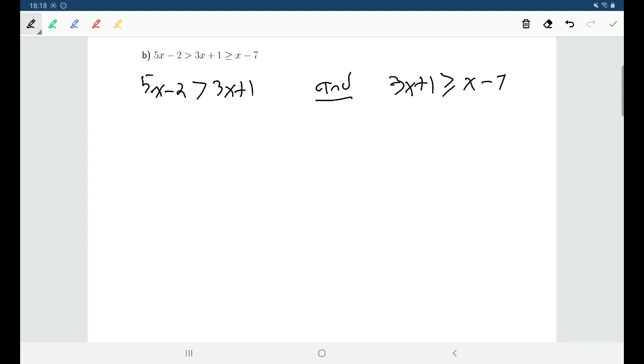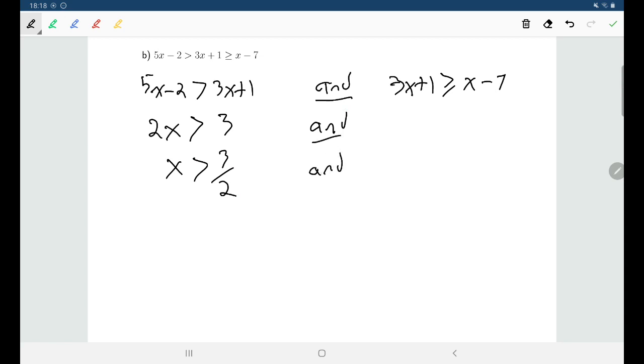So starting with the one on the left, I'm going to move the 3x to the other side, which leaves me with 2x. I'll move the 2 to the other side, which gives me 3. So I have that x needs to be greater than 3/2. I didn't switch the direction of the inequality because I divided by a positive number.